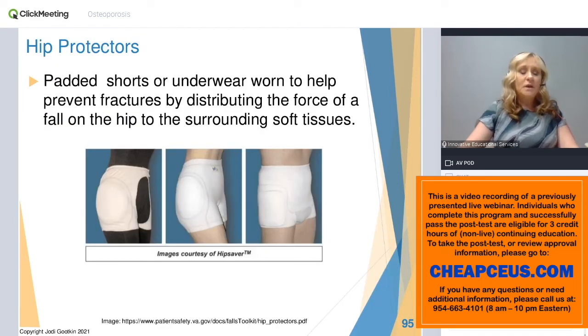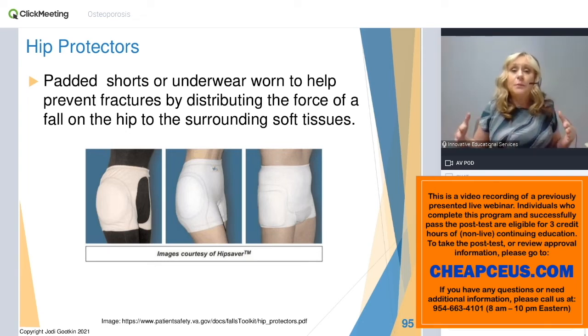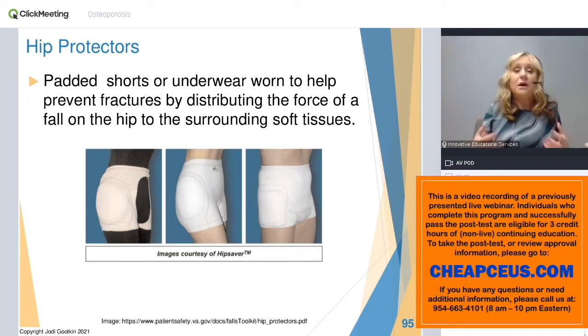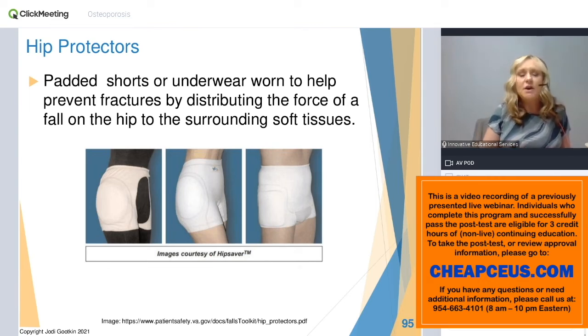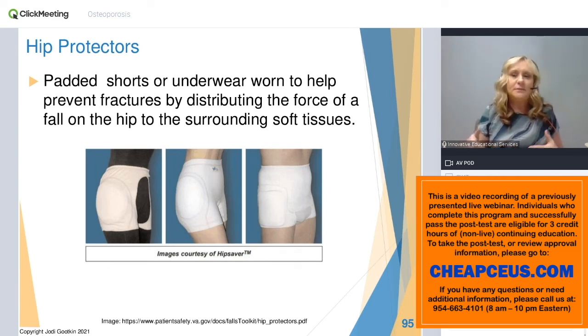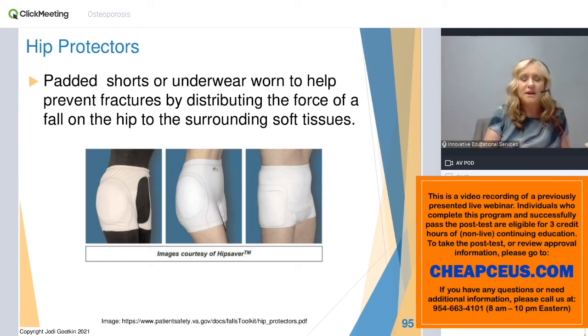For individuals who present with that constitutional thinness, where they just might not have a lot of protective padding on their own body, there are hip protectors that can be worn that have the padding built into the undergarments, or they go over the individual's own garments. If they do bump into something or they have a loss of balance where they steady themselves or fall to the ground, there's a little more padding to try and prevent that hip fracture.